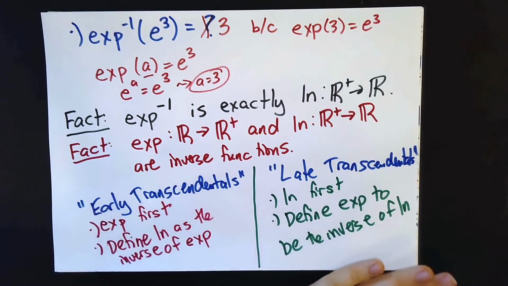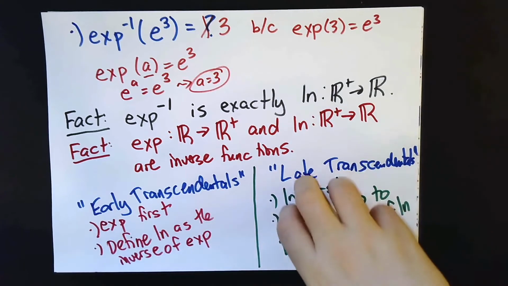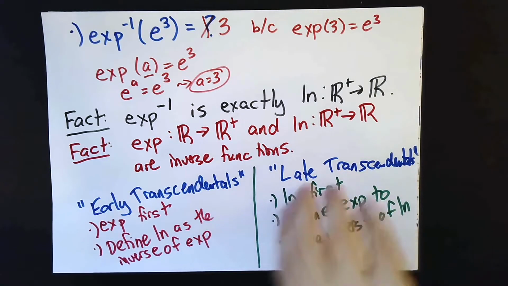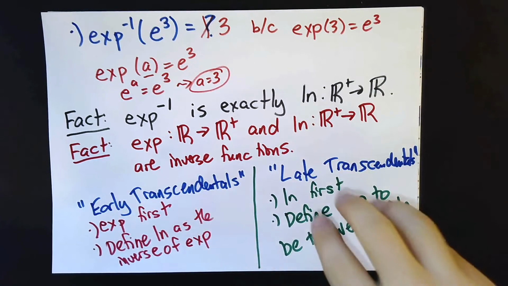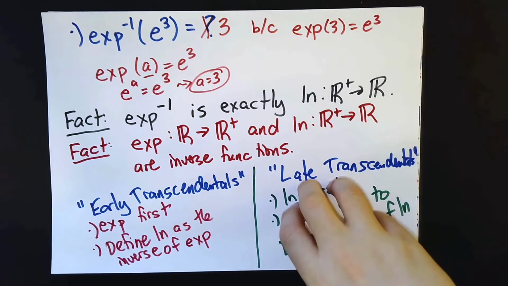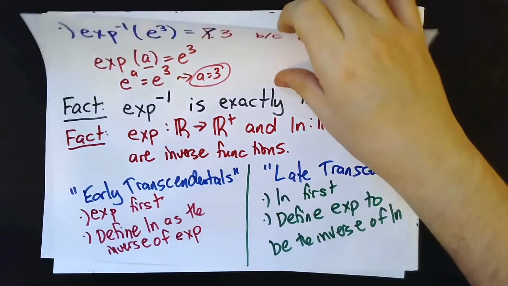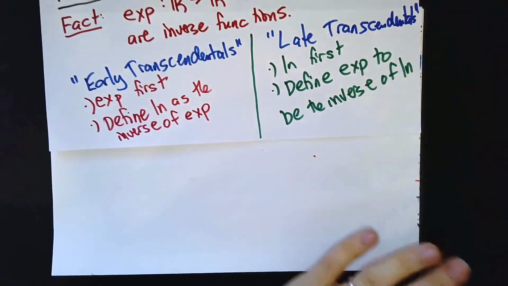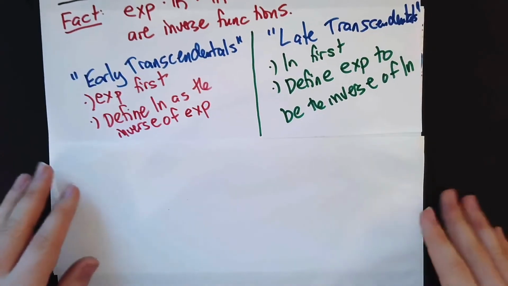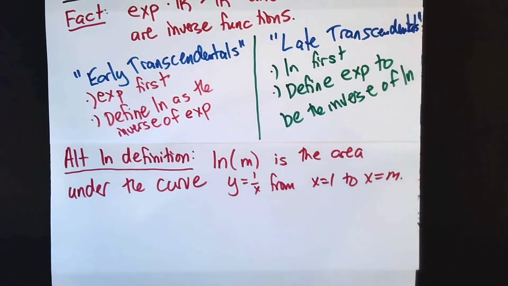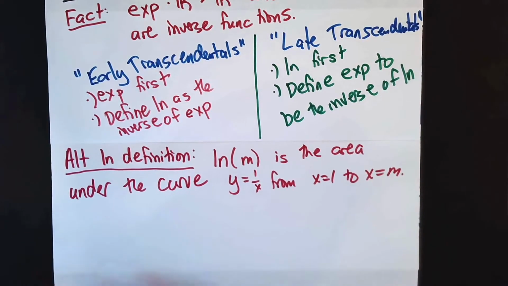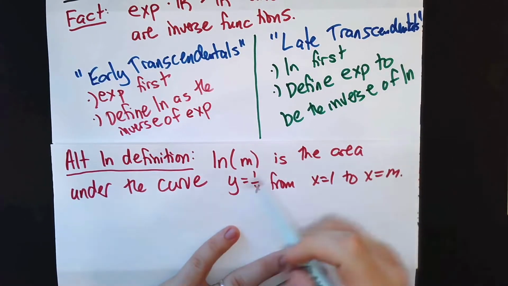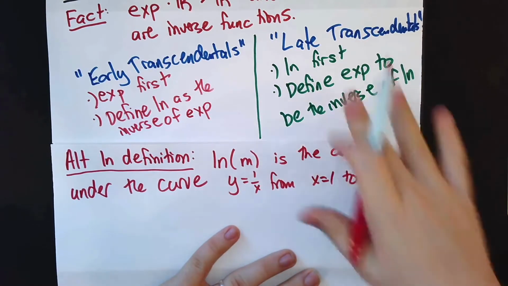But you might then say, well, hold on, how on earth is starting with natural log any better? And so the idea is, if you wait long enough, you can actually write down a definition of natural log that is actually relatively nice looking and seems maybe kind of vaguely natural. And so in this definition, if I take the natural log of some input, I'll call that input m, you could define this to be the area under the curve y equals 1 over x from x equals 1 to x equals m.